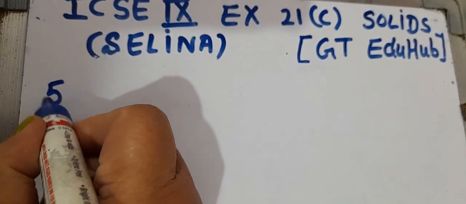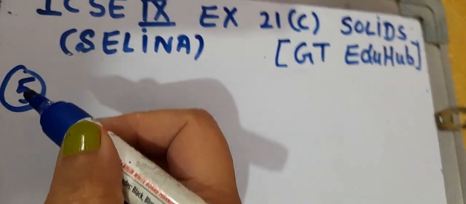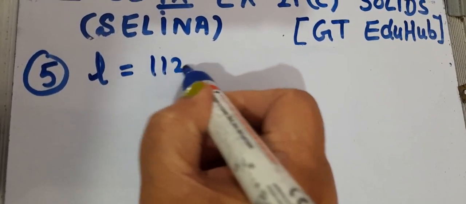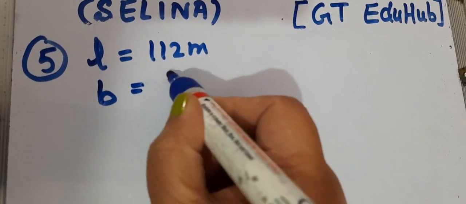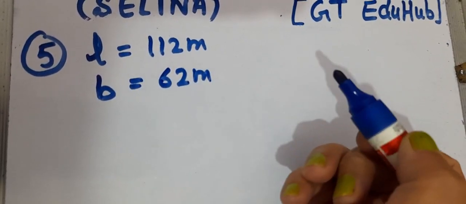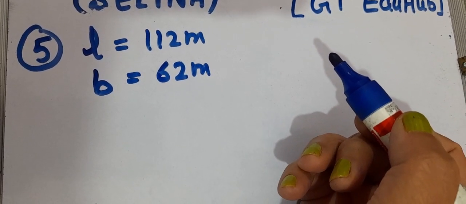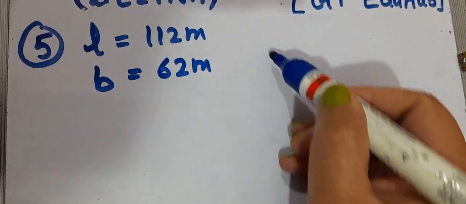Now question number 5. This is a very important question. We are given a rectangular field is 112 meter long and 62 meter broad. A cubical tank of edge 6 meter is to be dug at each of the 4 corners of the field.